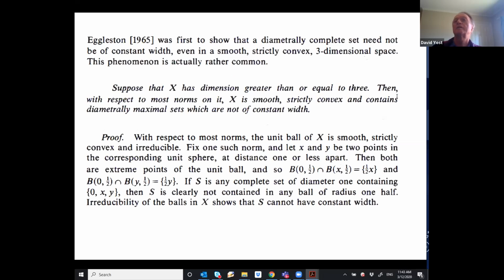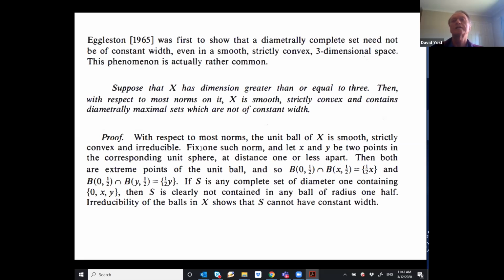So take any vector space R^d, for any value of d bigger than 3, and consider all the possible norms on it. The set of all possible norms has a natural metric, the Hausdorff metric. And with respect to most norms, most in the sense of Baire category, your normed space will be smooth and strictly convex and contain diametrally complete sets which are not of constant width.